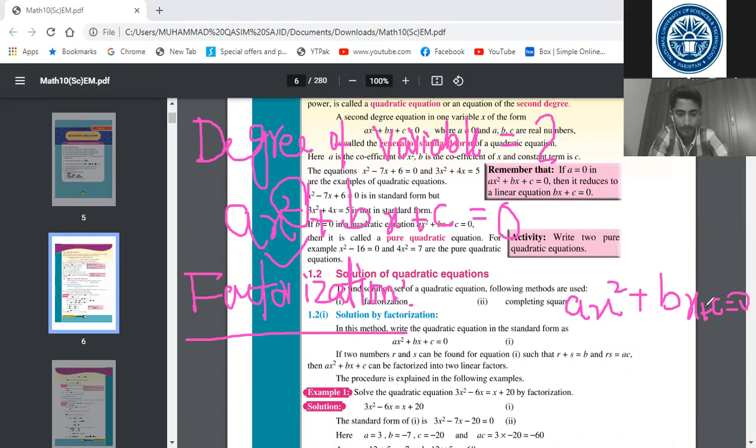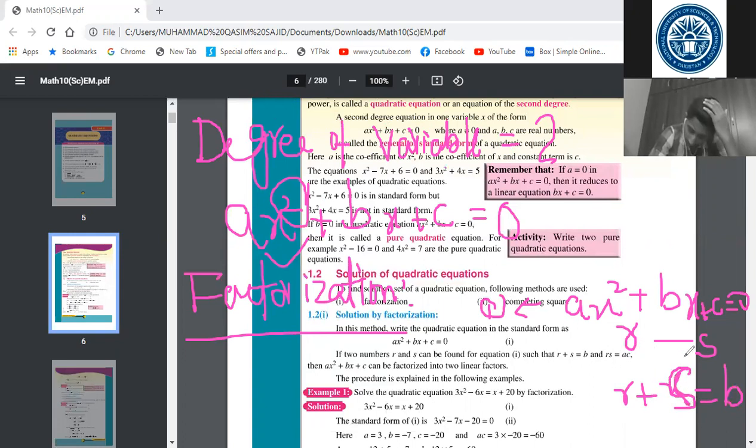Here there are two numbers that I am taking, r and s, for this equation. That is equation number 1. This means that r plus s equals b. So generally there must be r plus s equals b.